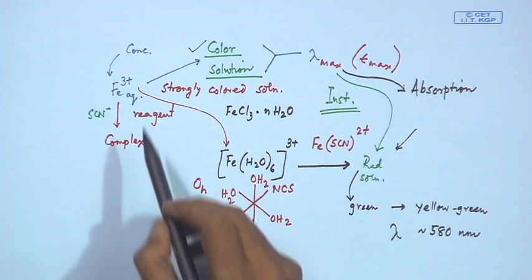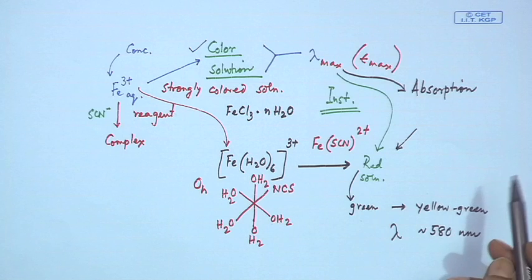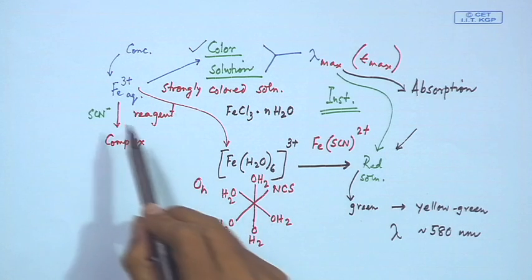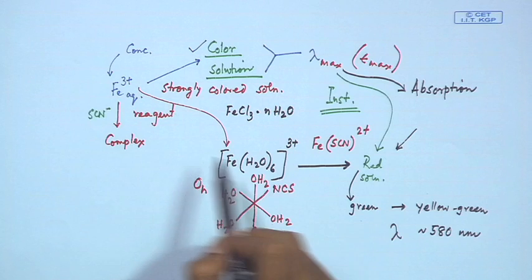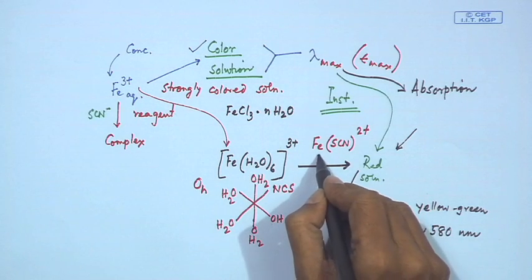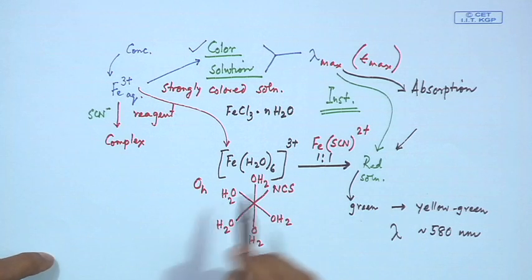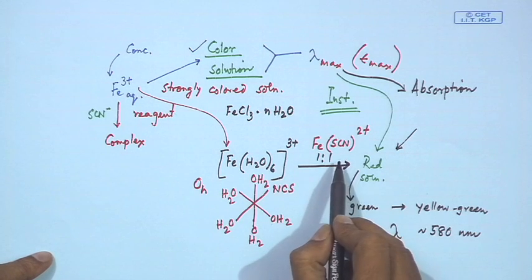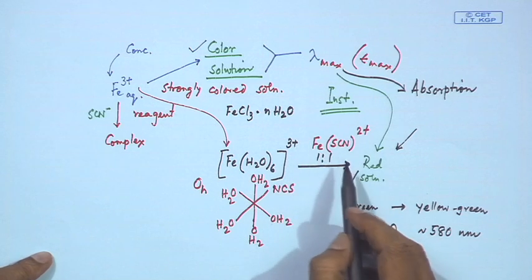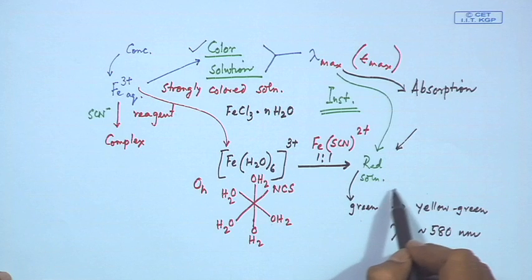So, if we have some unknown iron solution, what will you do now? All the information is in your hand: you add the thiocyanate and it will react. Your stoichiometry should be controlled, 1:1, and when it is controlled you generate this particular species in solution, the red solution.